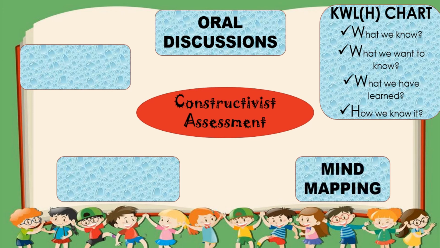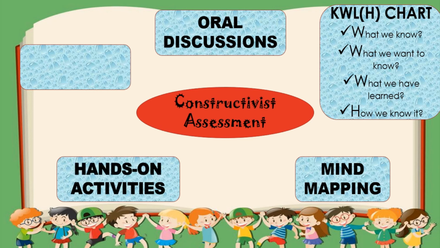Next, mind mapping. In this activity, students list and categorize the concepts and ideas relating to a topic. Next are hands-on activities. This encourages students to manipulate their environments or a particular learning tool.